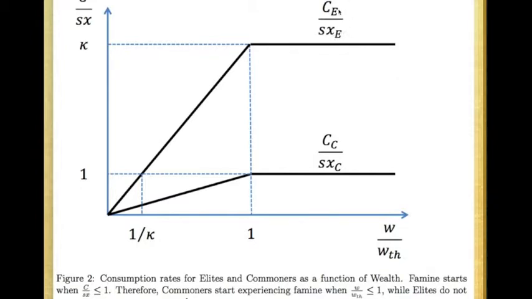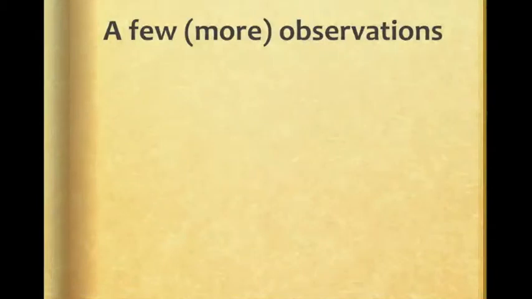The same applies for the elites, only that they'll consume at a rate of kappa times higher than the commoners. Of course, if you start running low on wealth, then you're going to see that these two curves start tapering down. That means that consumption is adjusted in times of dire wealth. The adjustment is essentially this ramping down of these two relationships. So that's a very, very simple formulation.